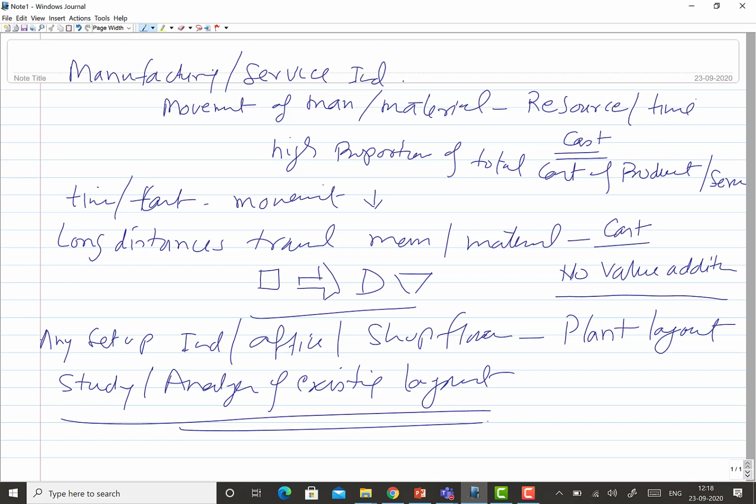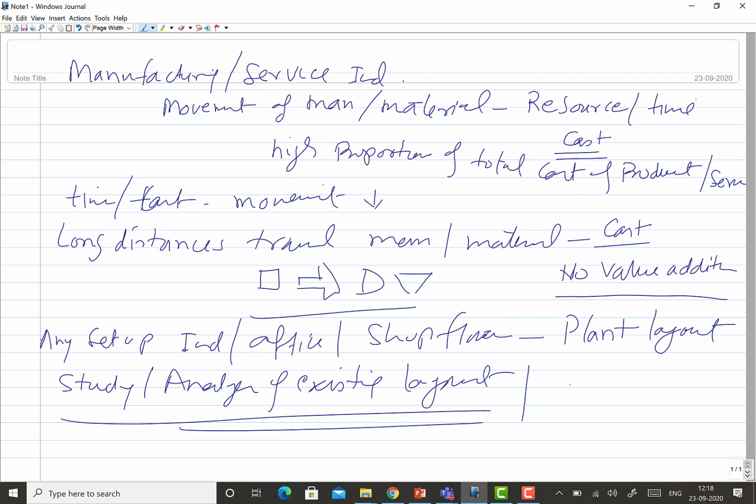So in the method study, layout improvement is a part, and it is one of the objectives, in order to reduce the material handling or the movement of man or material during the manufacturing.